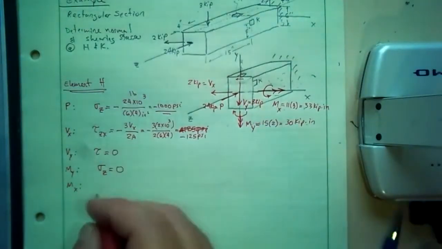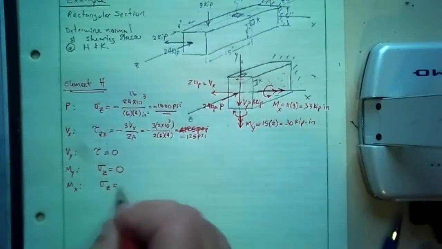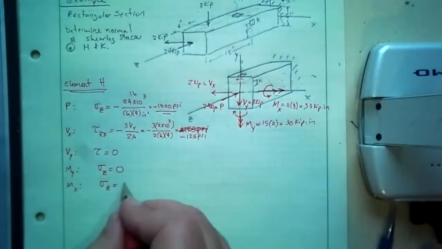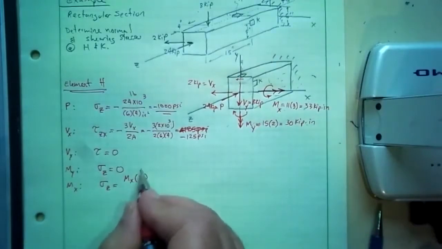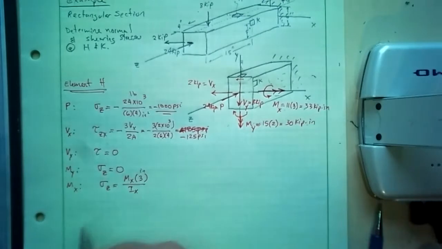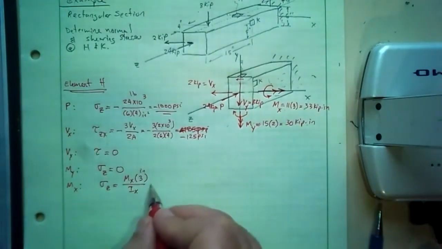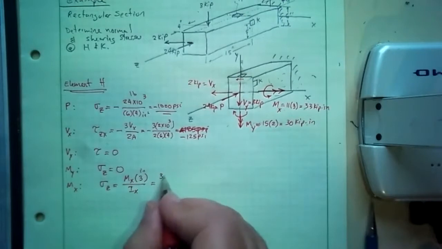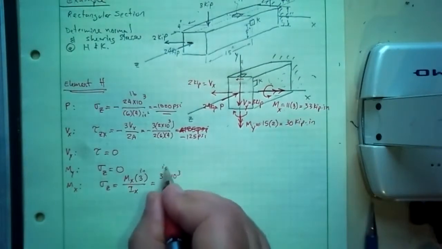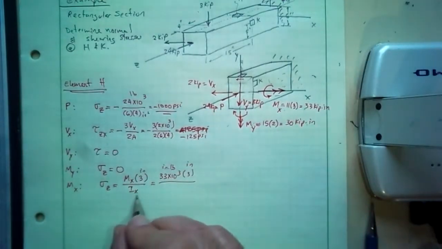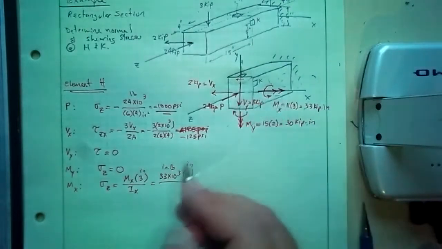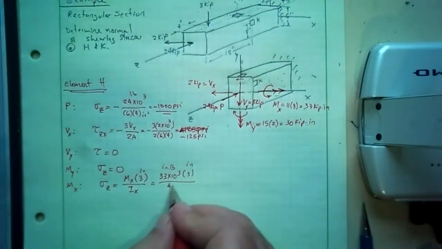Top will be in tension, so sigma z is going to be positive. Mx, and this is 3 inches, divided by Ix. Mx is 33 times 10 to the 3, in inch pounds, times 3 inch, divided by the moment of inertia about the x, which is 4 inch base times height cubed over 12.